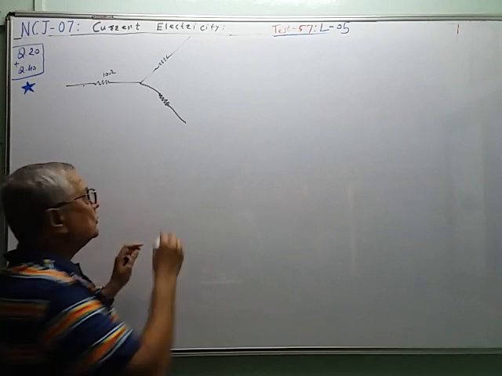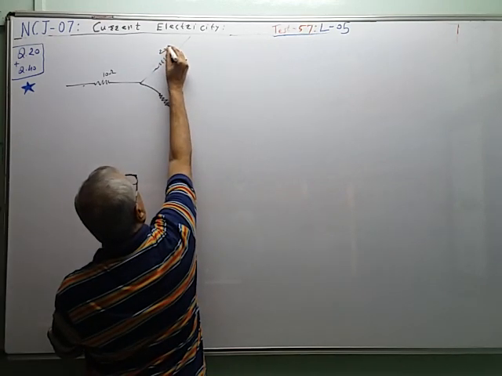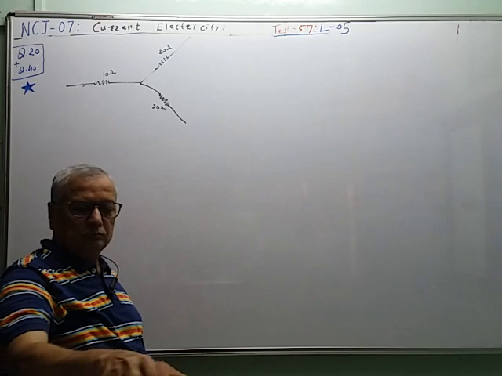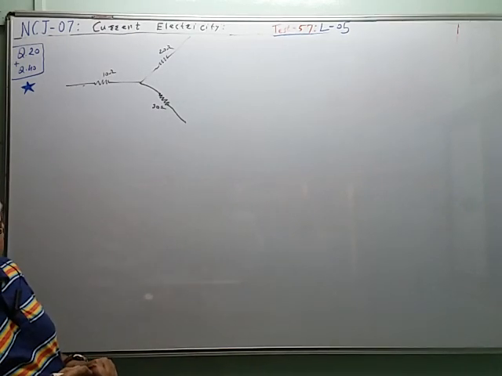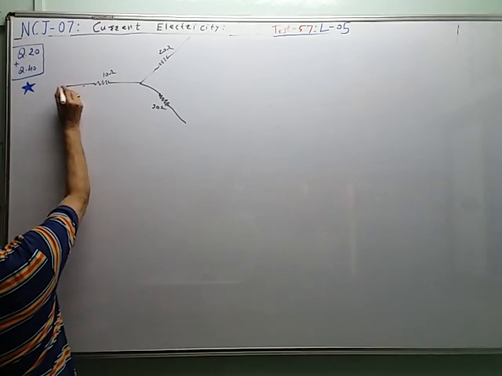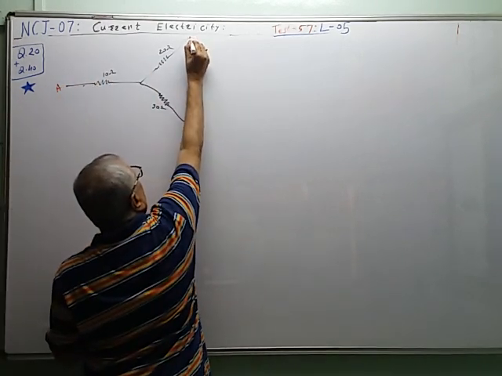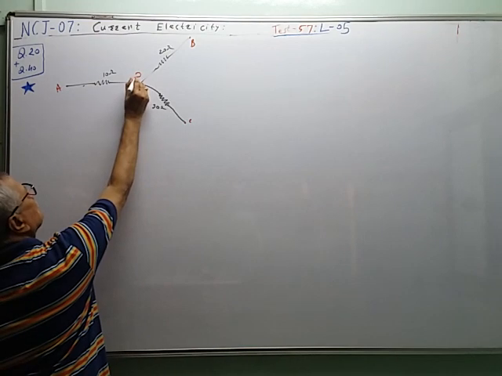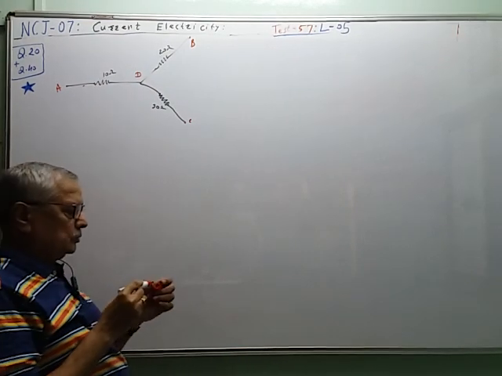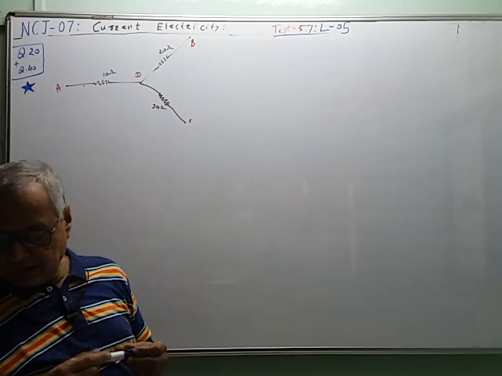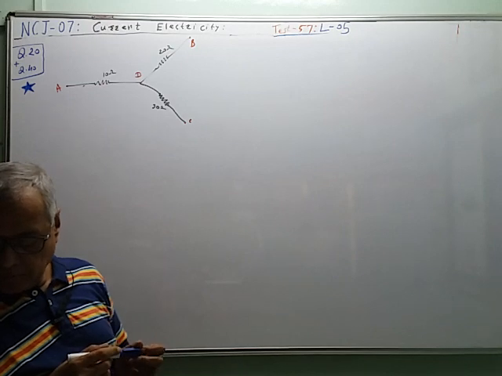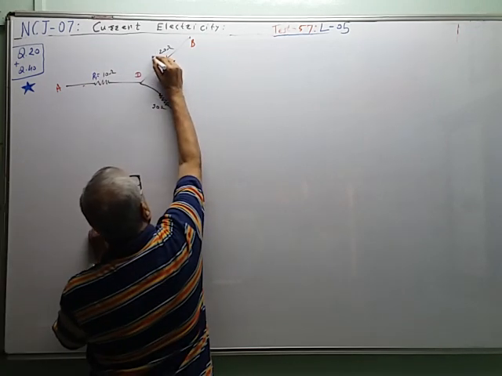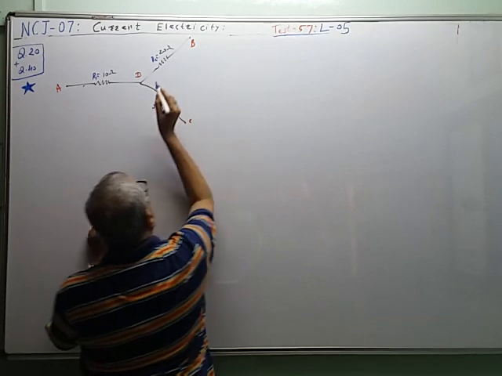10 ohm, 20 ohm and 30 ohm. The points are denoted by A, B, C, and this one is D. So we will denote these resistances as R1, R2, R3.